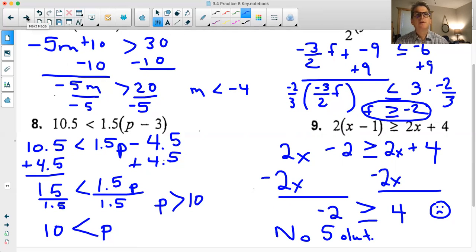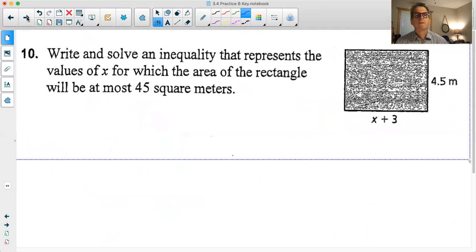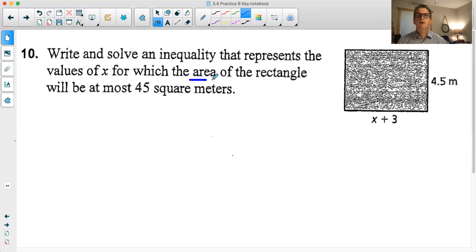Moving on to number 10. Write and solve an inequality that represents the values of x for which the area of the rectangle will be at most 45 square meters. Okay, so the key words here would be area and at most. So it could be less than or equal to 45.